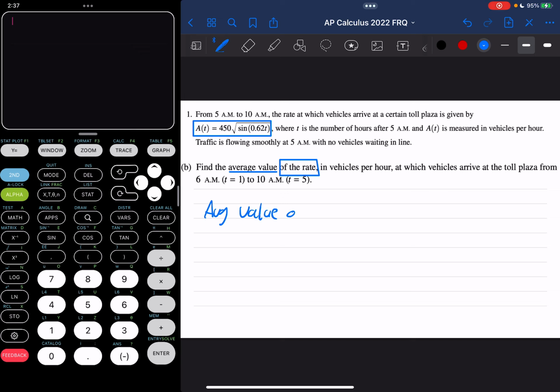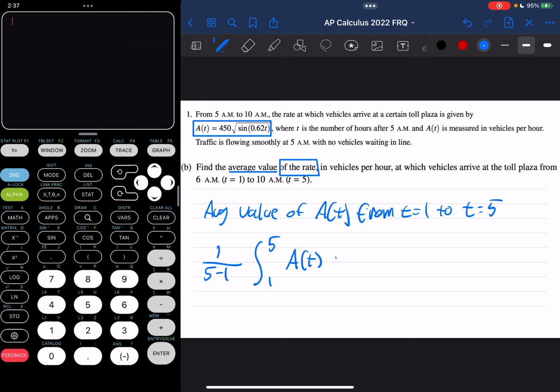We want the average value of A of t from t equals 1 to t equals 5. So using the definition of average value, it's going to be 1 over 5 minus 1, times the integral from 1 to 5 of A of t dt. All right.